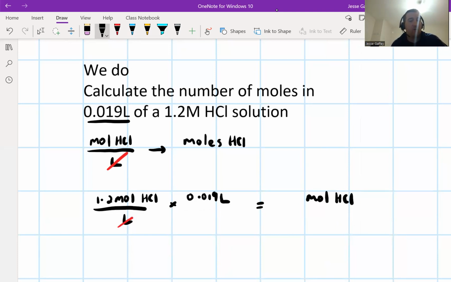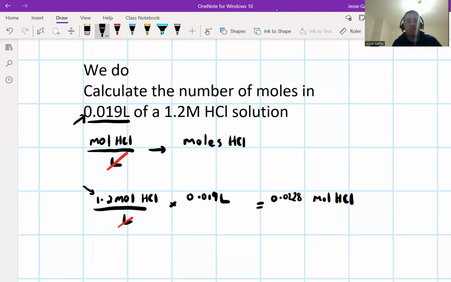Okay, if we should have 1.2 moles for every liter, and we used a lot less than a liter, this number is a lot less than a liter, then we should have a lot less than this number of moles used. Do we? Well, the answer I'm getting is 0.0228 mole of HCl.